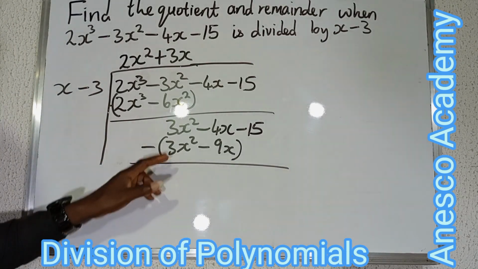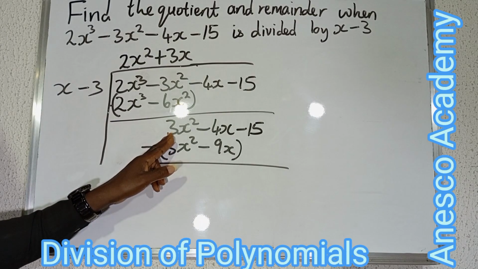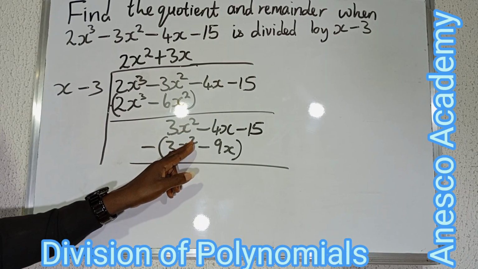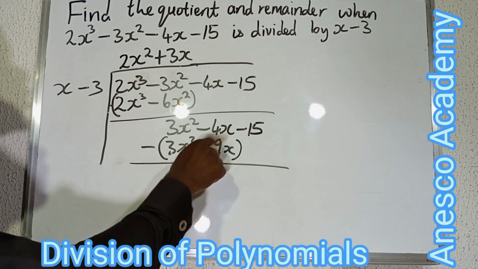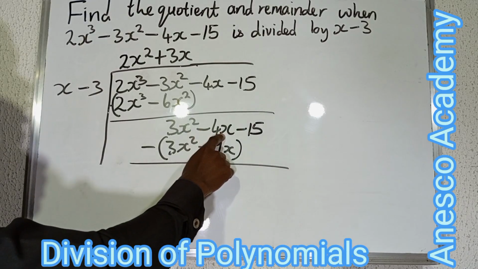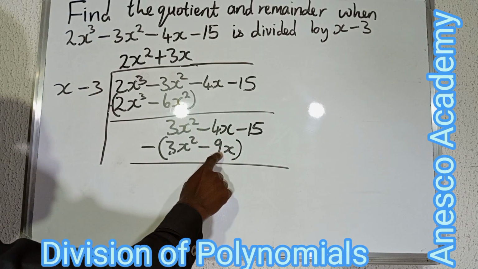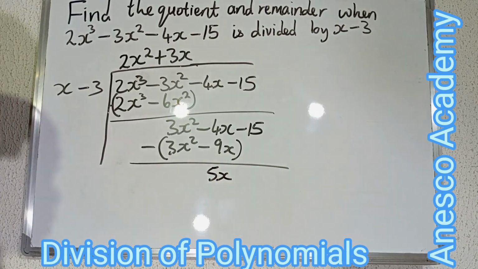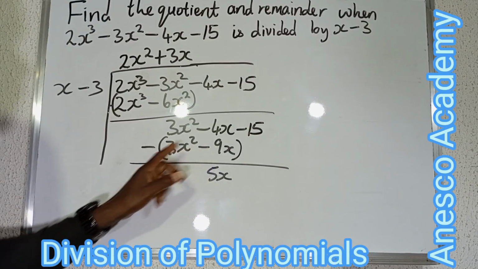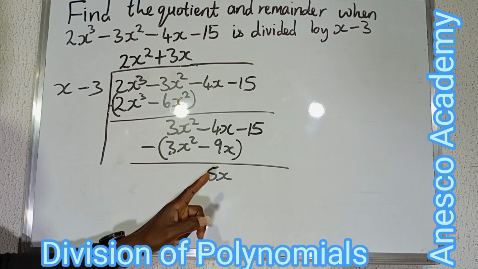And I've told you that when you're subtracting, the sign here will change. This will be 3x squared minus 3x squared. That will give you 0. This one that is negative will turn to positive. Minus 4x plus 9x will give us 5x. I hope you understand why it is plus, because minus times minus is plus.